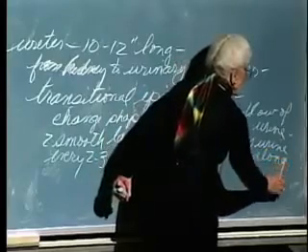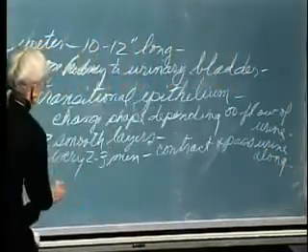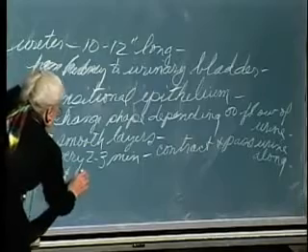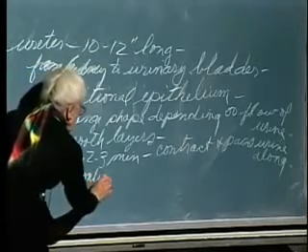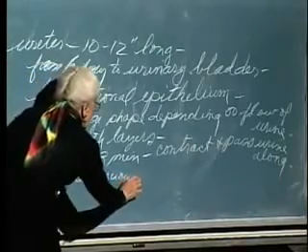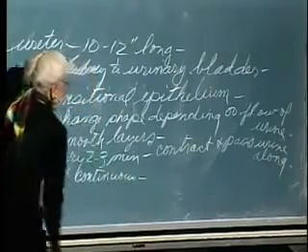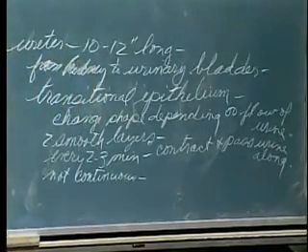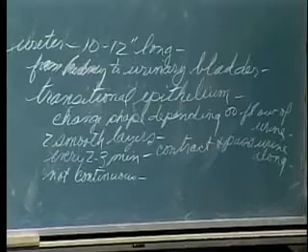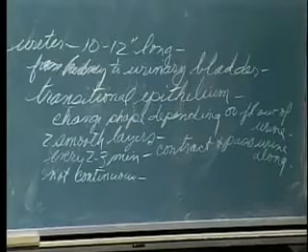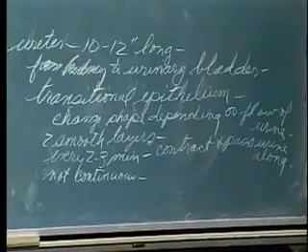So it's not a continuous flow. It's not just gravity working, so you can still be passing urine down your ureter if you're standing on your head because of this controlled constriction going down.